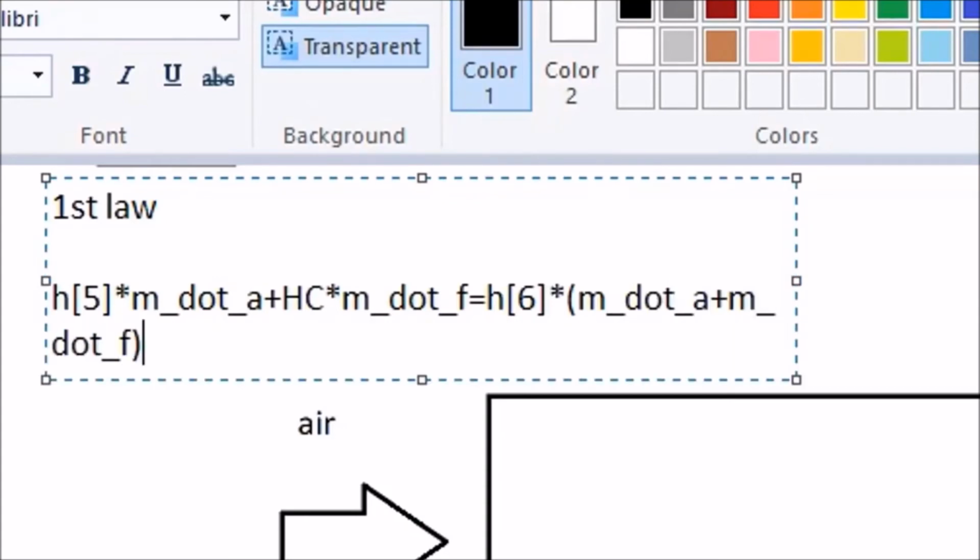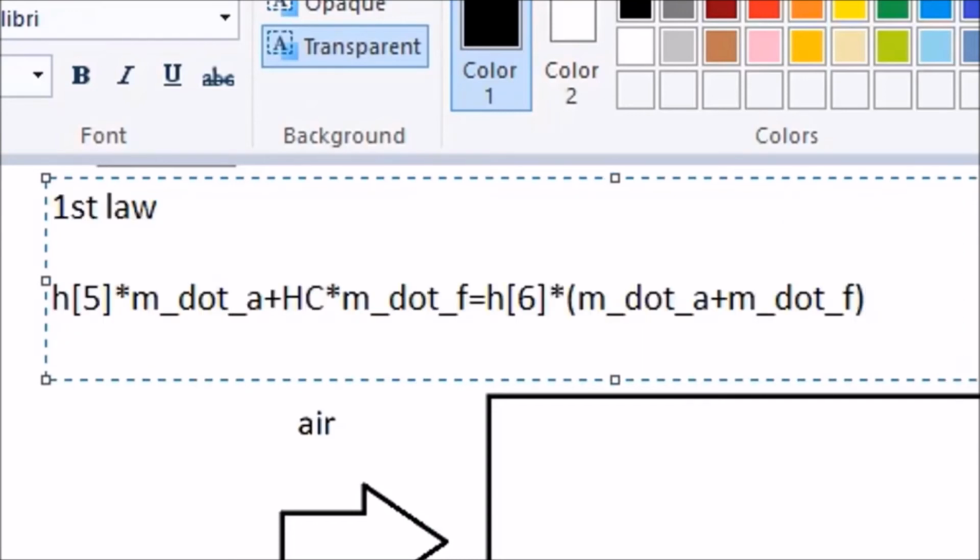Again we assume this enthalpy as air, and because we assume it as air, HC is there. So what we will do is divide each term by m dot air.